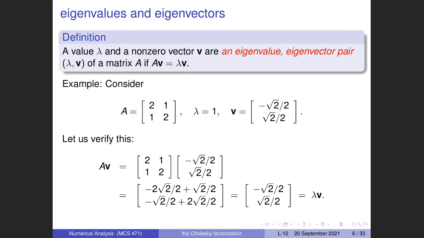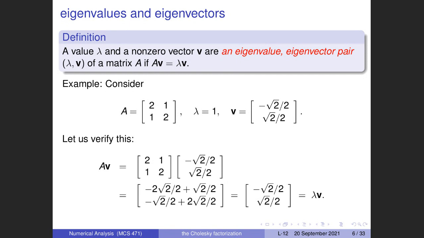So again, symmetry. If you look at the matrix as a linear map, then the eigenvectors with eigenvalue 1 are invariant under the matrix vector multiplication. So symmetry again.